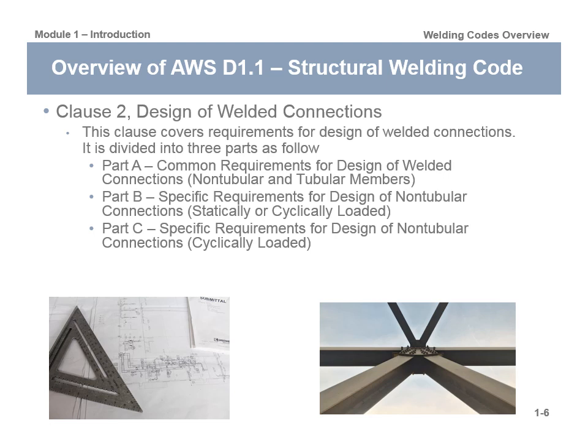There's a clause 9 now that consists of nothing but the requirements for welding and design of tubular connections and components that are tubular in nature as opposed to the other structural members.